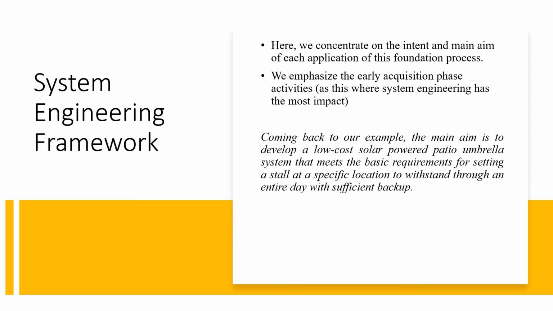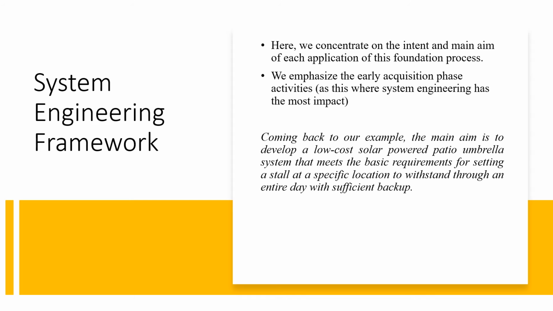So let us take a small example. We come back to the earlier example that we discussed previously. That is to develop a low-cost solar-powered umbrella, that is a patio umbrella system that meets the basic requirements for setting up a stall at a specific location, and it should withstand an entire day with sufficient backup. So earlier there was a patio umbrella, but this umbrella can be redesigned with the necessary battery backup and all the kinds of facilities and electrics embedded into it.